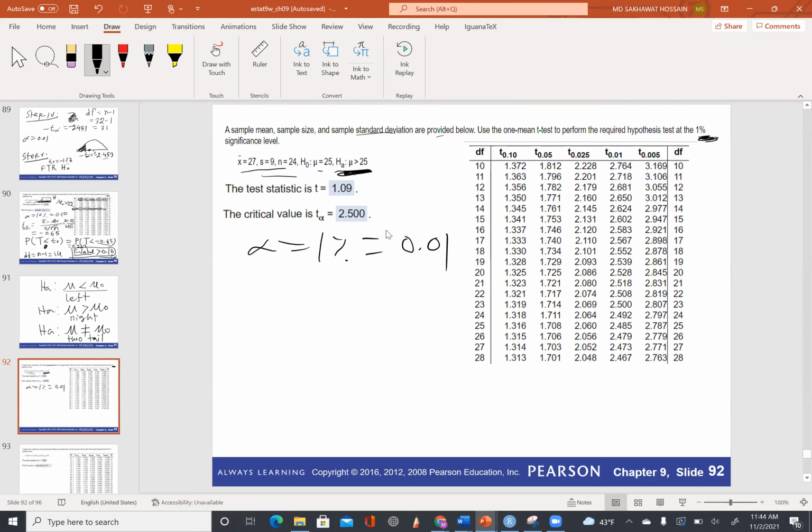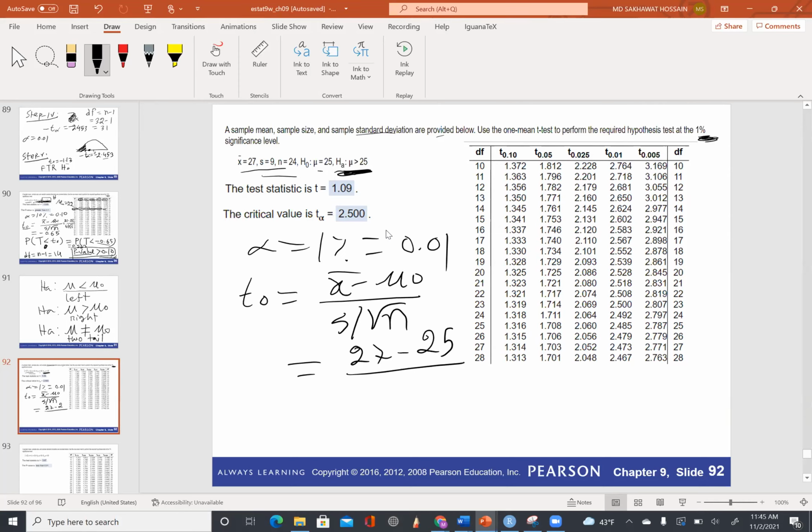The test statistic t observed is x bar minus mu 0 over s over square root of n. So x bar is 27 minus mu 0 is 25, and s is 9 over square root of 24. If you simplify this, it will be 1.09.